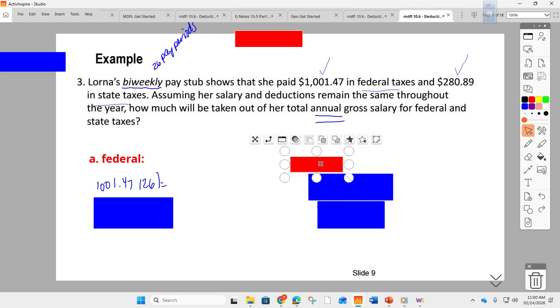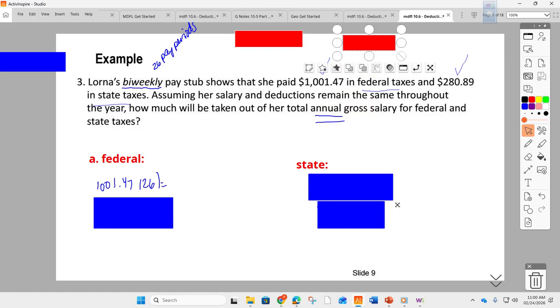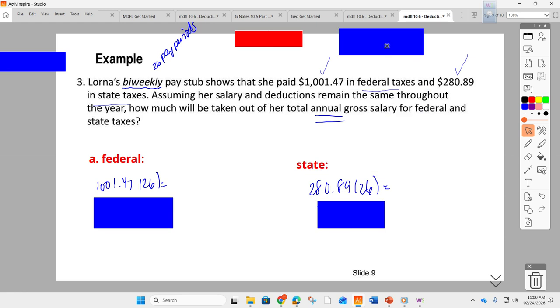For the state taxes, we take the 280.89 and multiply it by 26. We are going to add these together because it asks for the federal and state taxes for the year.